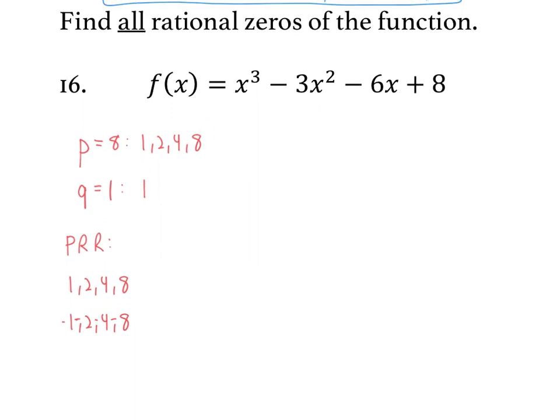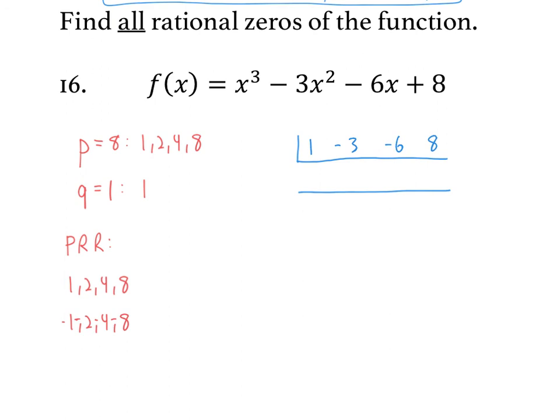Okay, once you get all the possible rational roots, now we'll test them with synthetic division. Okay, so remember with synthetic division, all the numbers you see here, we'll put here. Okay, so x cubed, so that's just like a 1. 6 and 8.